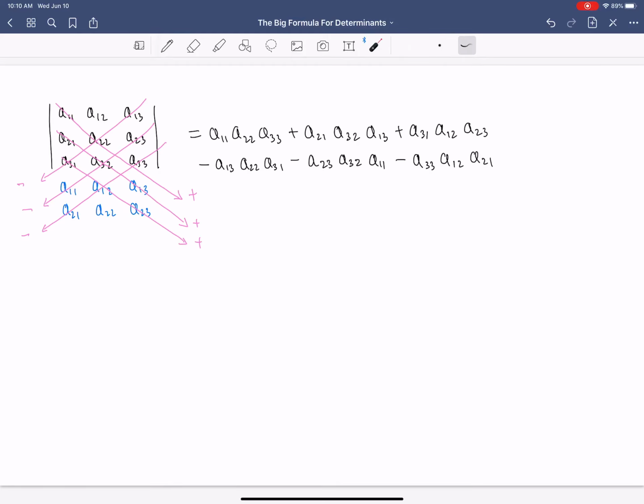So I did the product here with a positive sign, plus the product here, plus the product here, and then minus the product here, minus the product here, minus the product there. You can confirm that these are exactly the same things, that this is the same formula. And I think that is enough for the big formula.